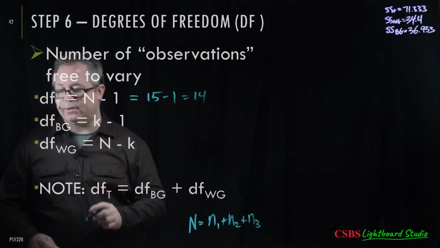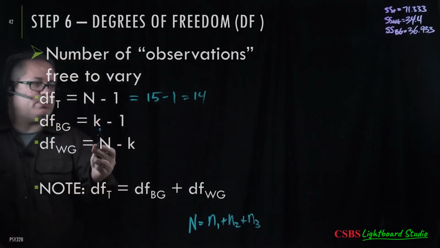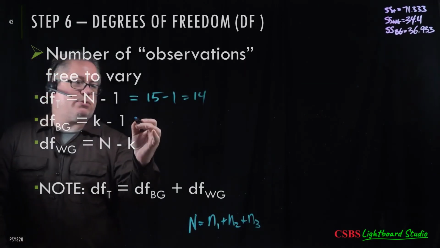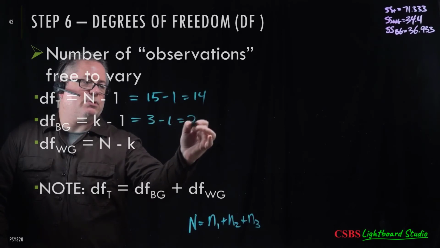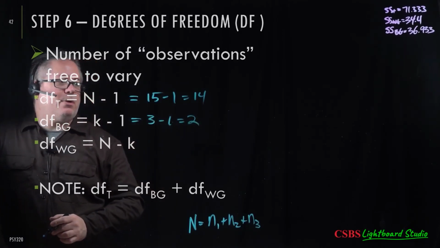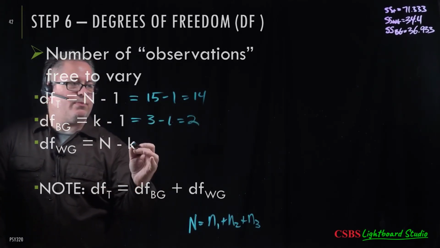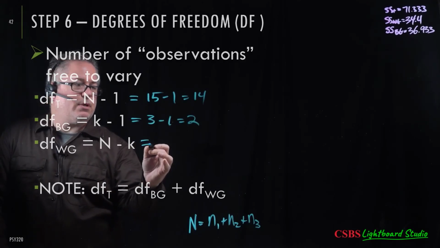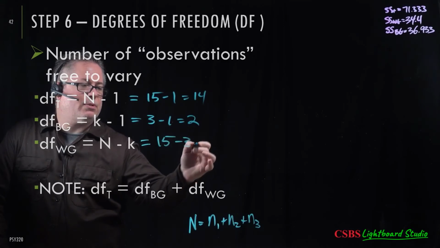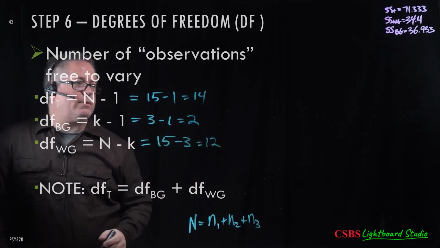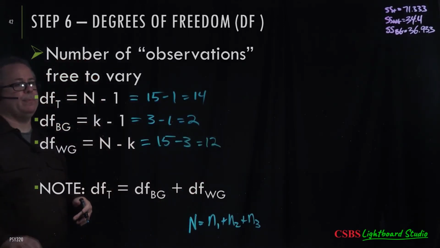K is our number of groups, so we have 3 groups, and 3 minus 1 equals 2. And then N again is 15 minus 3 groups equals 12. All right, so we have all those degrees of freedom.